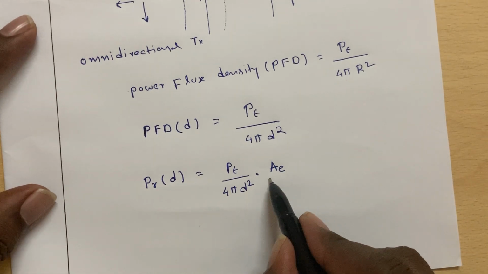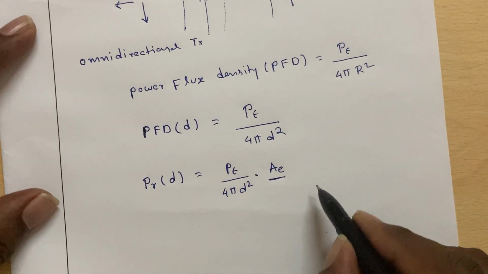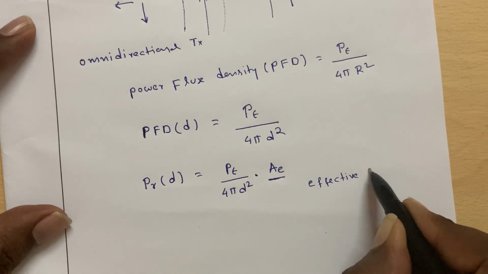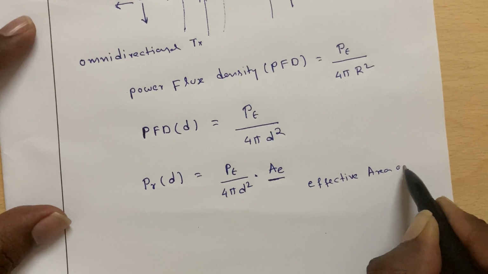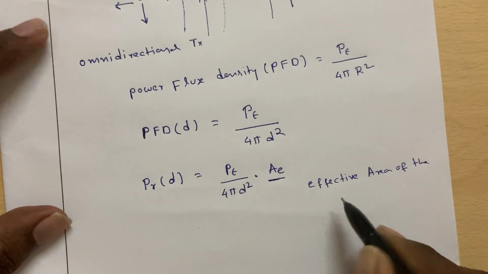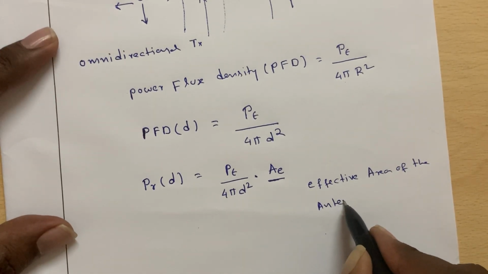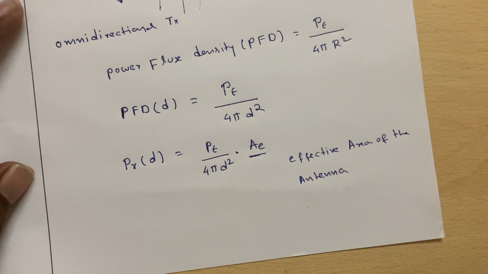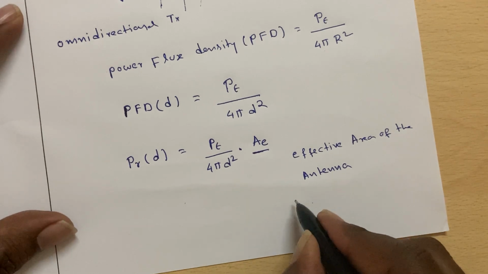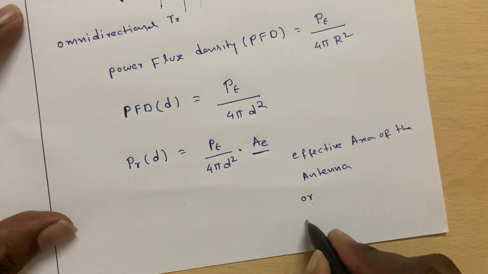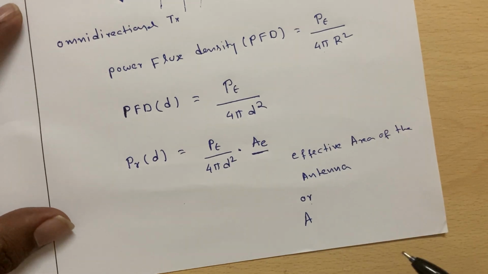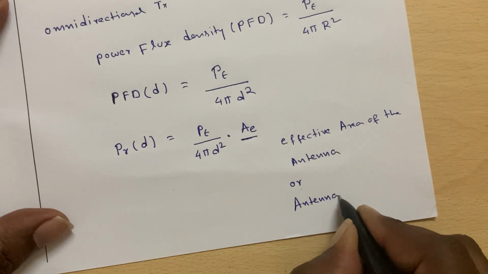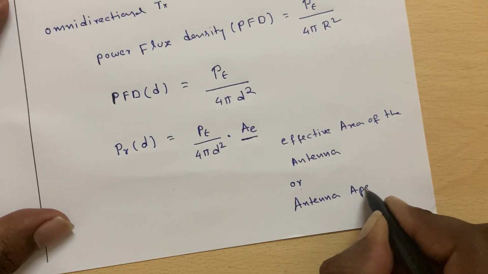We call this AE the effective area of the antenna, or antenna aperture.